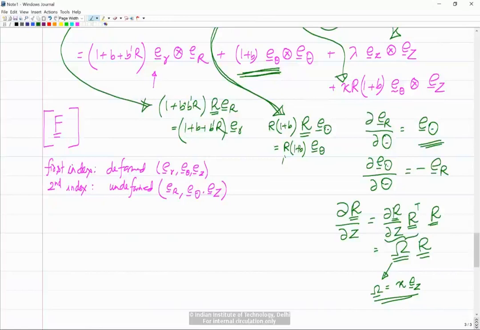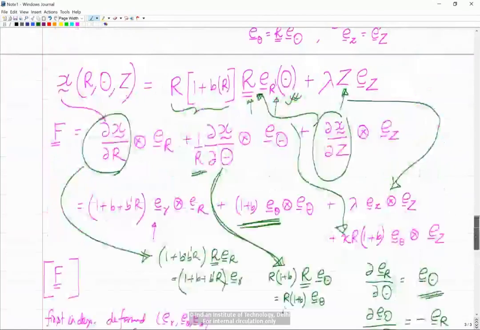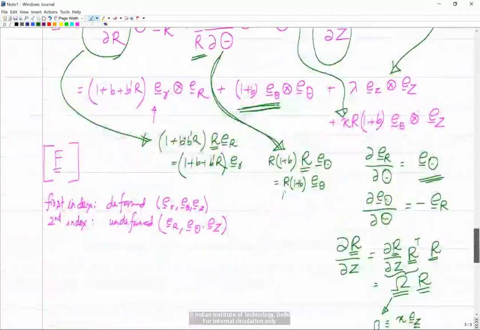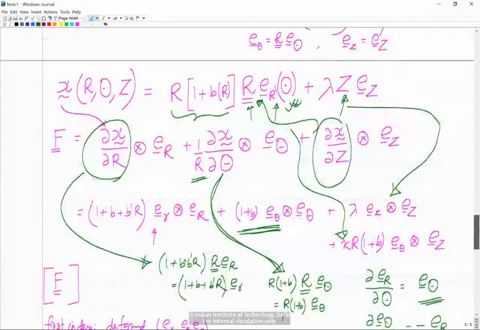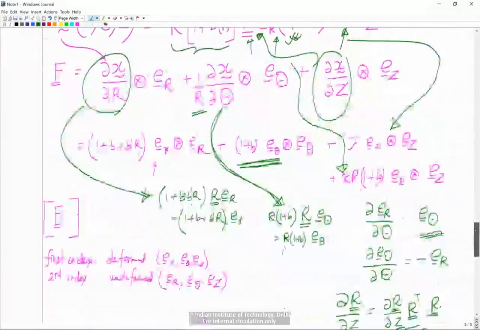Of course, I should have completely derived it, but it will take some time.